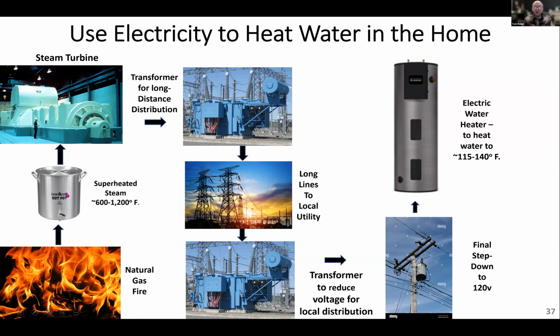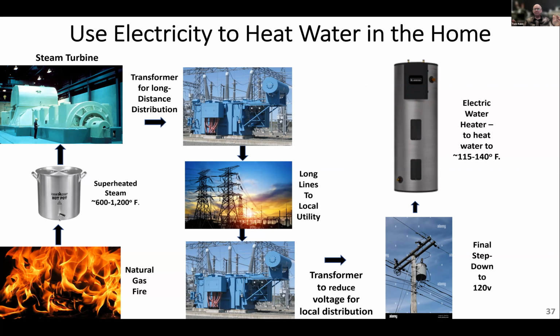Then we superheat the steam, not to 140 or even 212. Superheated steam means it's heated under pressure. So it will get up to a lot more energy, which is translated into motion to drive a generator, which then makes the motion into electricity, which goes over long lines. And then generally along the way, it gets ramped up to higher voltages.